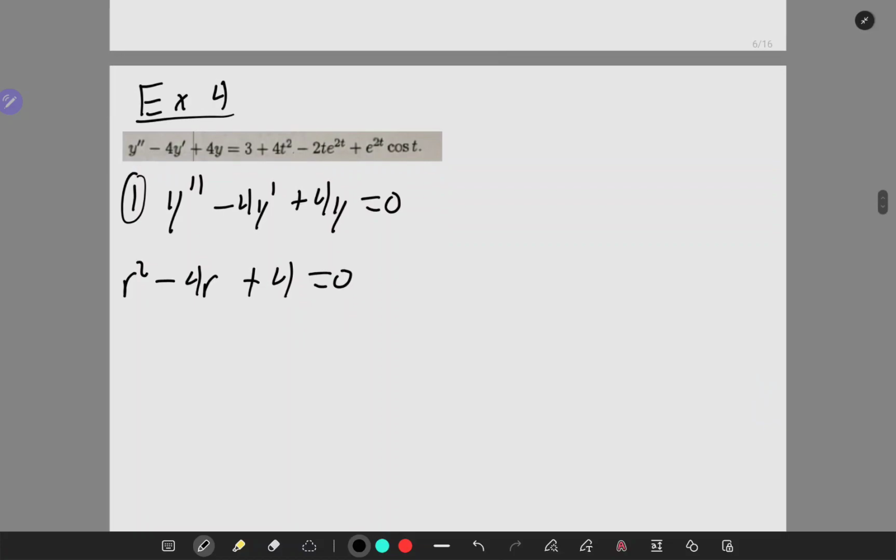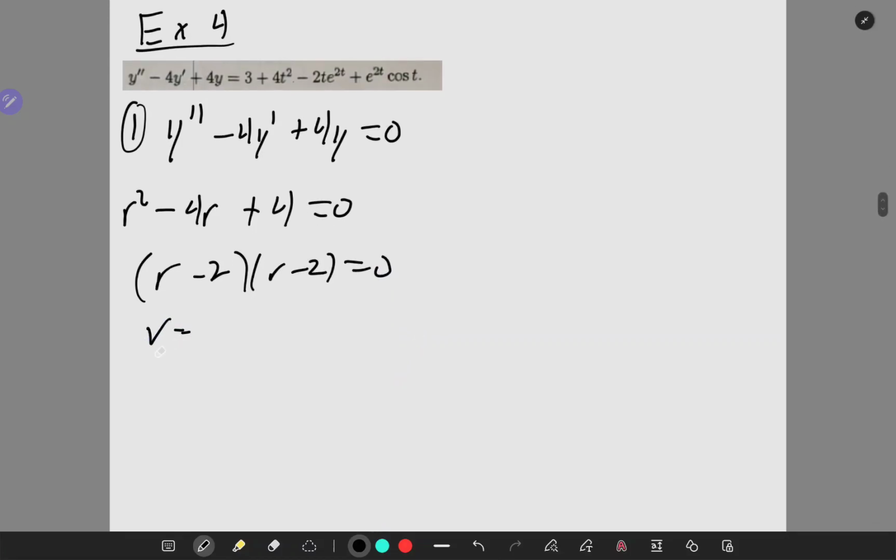I think it does, yep. So then r, what would that be? Minus 2, yep. So minus 2, r is equal to 2 with a multiplicity of 2. This means we have repeated roots.